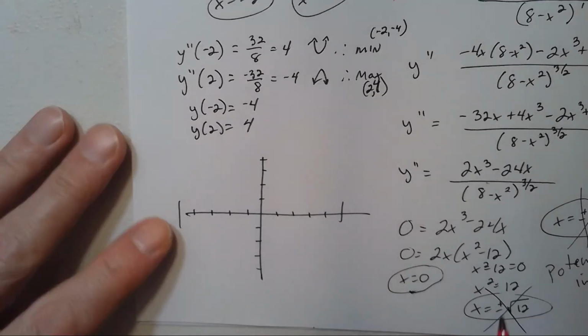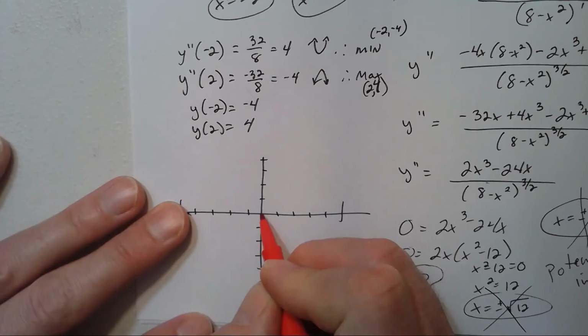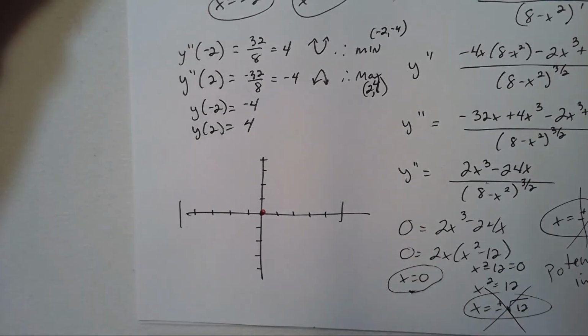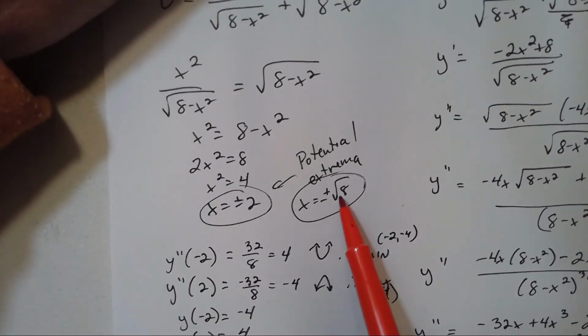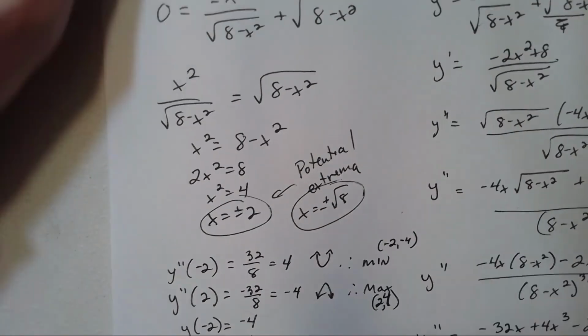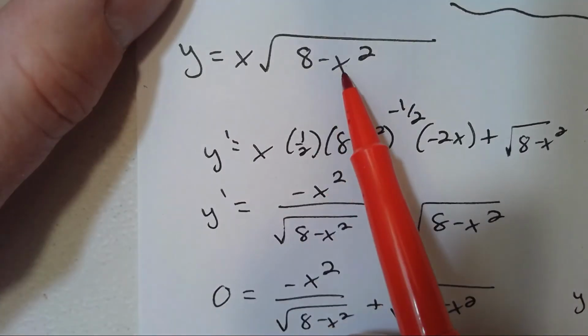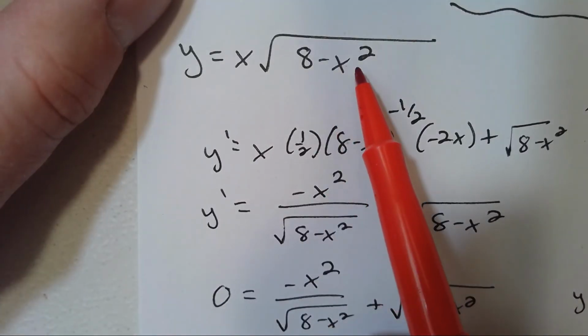Okay, so we know at 0 comma 0 is an inflection point. Our endpoints are square root of 8 and negative square root of 8. If I plug those back into the original equation, I get 0, because 8 minus square root of 8 squared is 8 minus 8, which is 0. So both at negative square root of 8 and positive square root of 8.